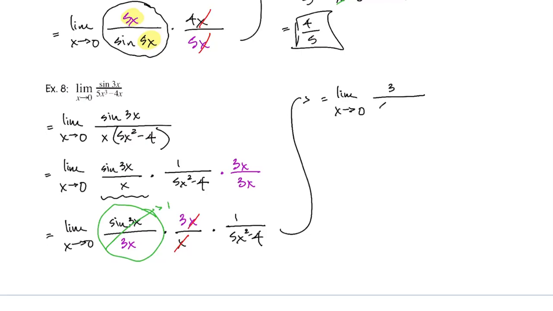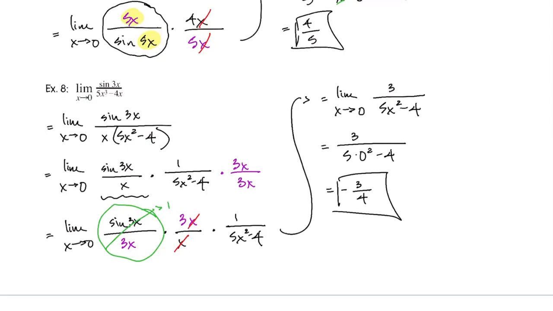Yeah, exactly. 5x squared minus 4. Okay. Now, let's substitute and see what happens. 3 over 5 times 0 squared minus 4. And so we'll end up with negative 3/4.